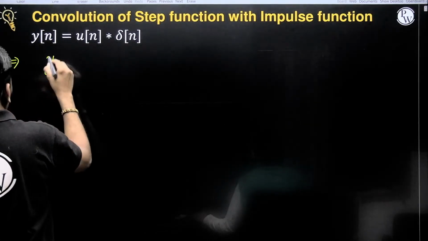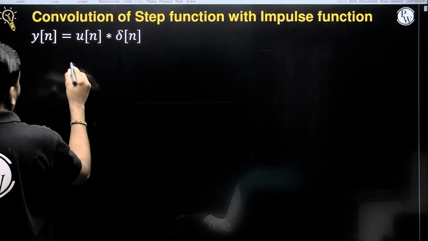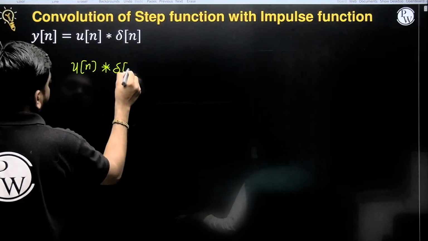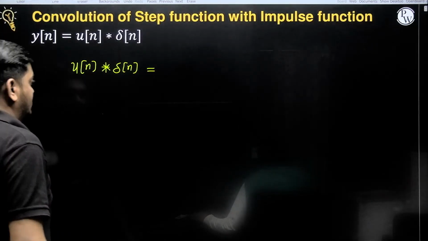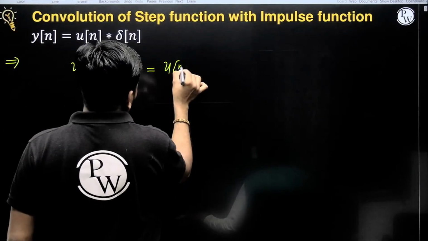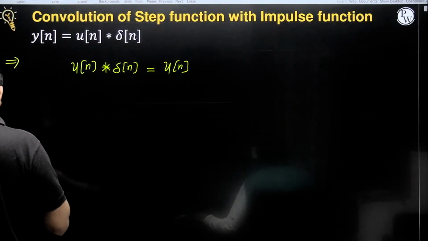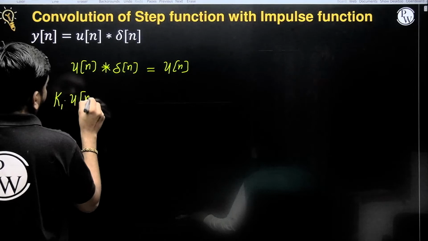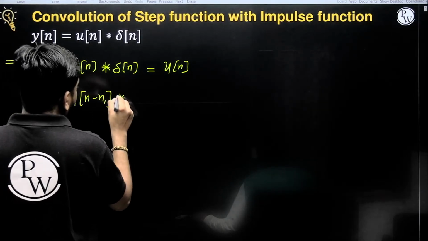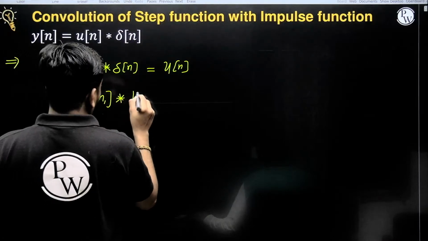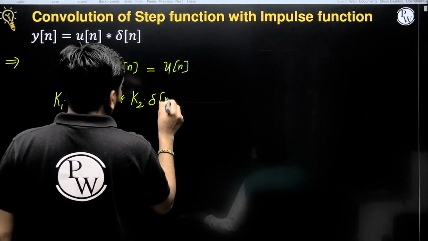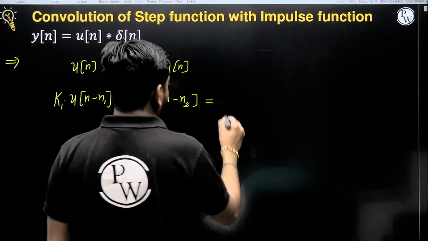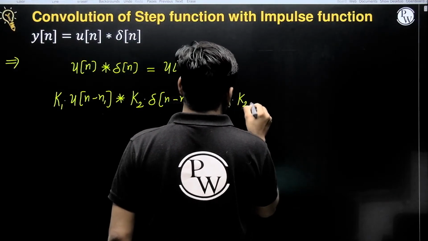y of n, u of n, of course, u of n convolution delta of n. Of course, convolution of any function with an impulse is nothing but u of n, correct. And the linearity and time shifting property: suppose this is multiplied with k1 and that with k2, it is k1 into k2.